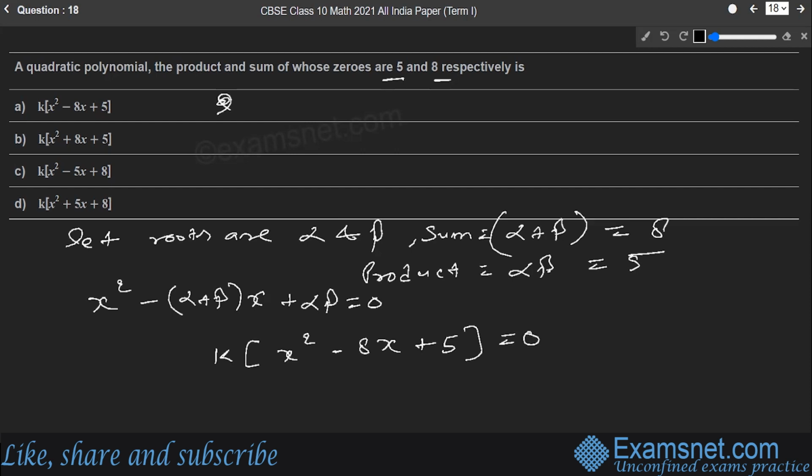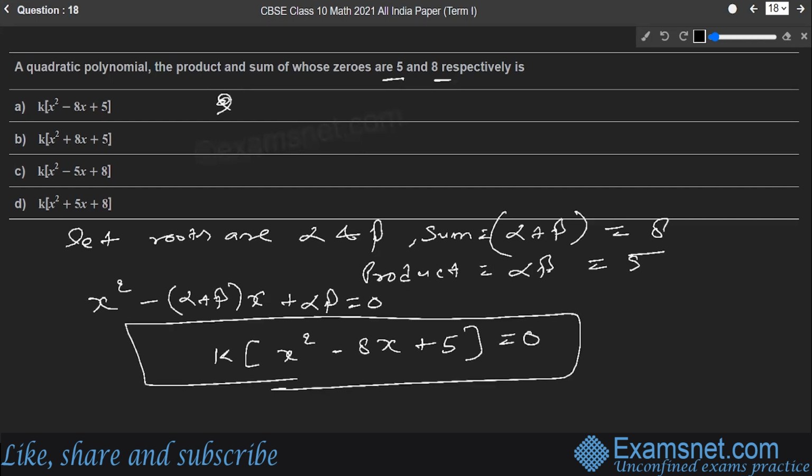That is the equation in terms of sum of roots and product of roots. So this is the particular expression we are looking for, k times x square minus 8x plus 5. Let us match with the options given, and it matches with option C, k times x square minus 5x plus 8 equal to 0. So that is going to be the right answer.